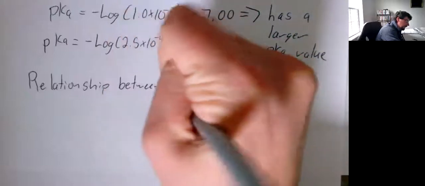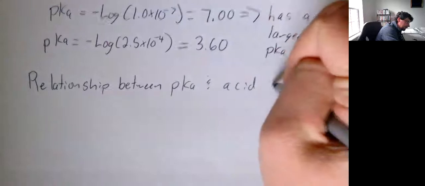What is the relationship between pKa and acid strength?